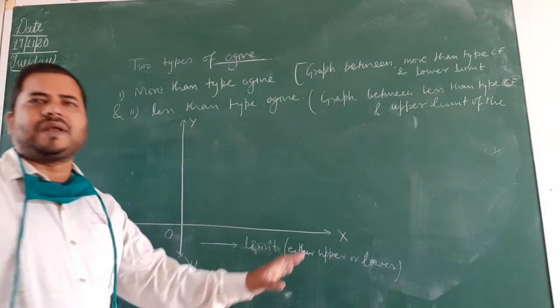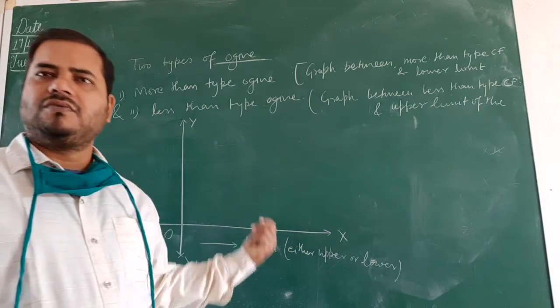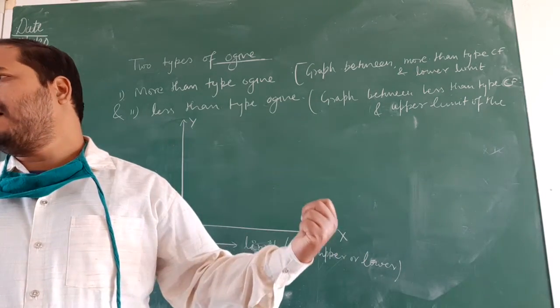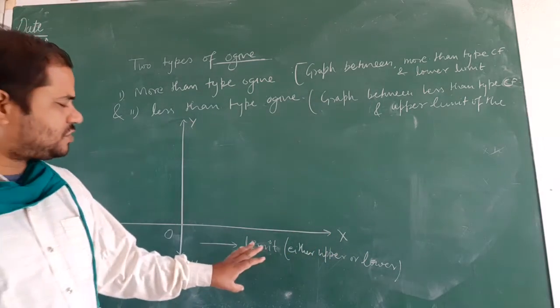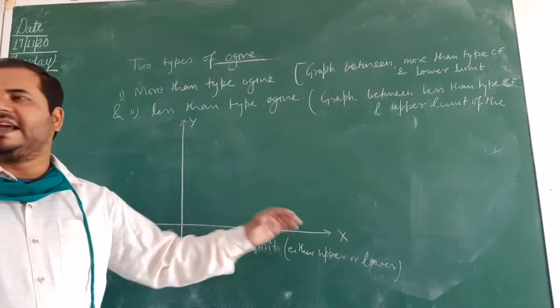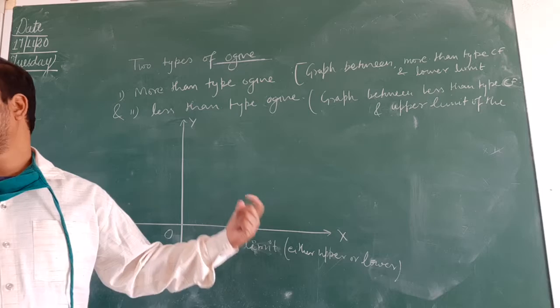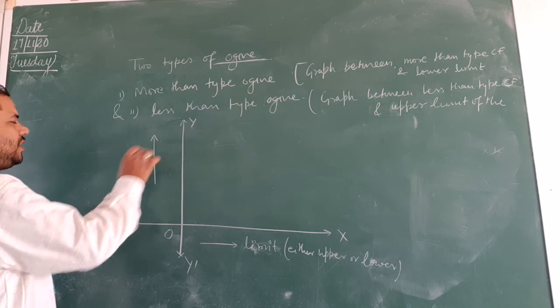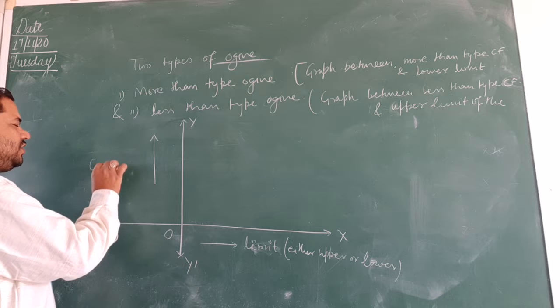Clear? That means whenever you draw the graph, whichever is necessary, either lower limit or upper limit, you can take. I am just giving the information about where we take the limit on the x-axis, and here we take the cumulative frequency.